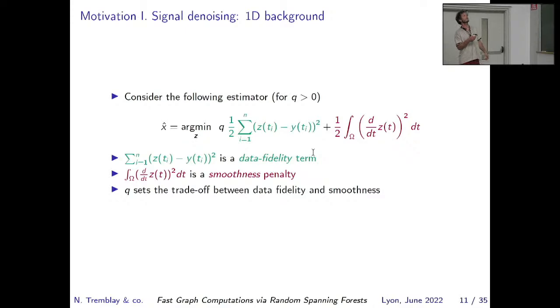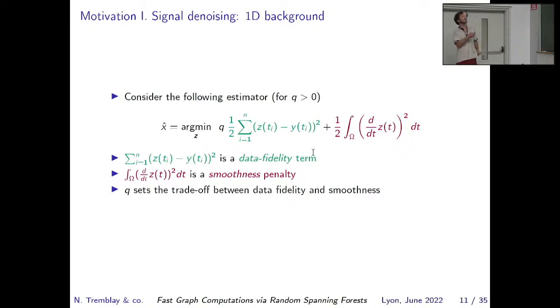The following estimator is very classical. It's called a Tikhonov estimator, and it is just an optimization problem where you try to minimize a sum of two terms. The first term, in green, is the data fidelity. So how far am I from the measure?